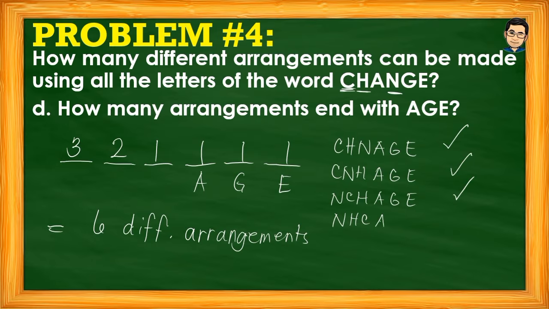NHC, AGE, pang-apat. Pwede rin namang HCN, AGE. And yung panghuli, HNC, AGE. So, ayan. Kitang-kita po, meron po tayong 6 na different arrangements.